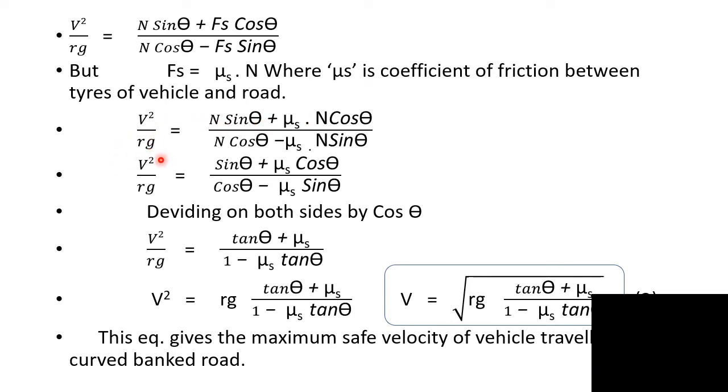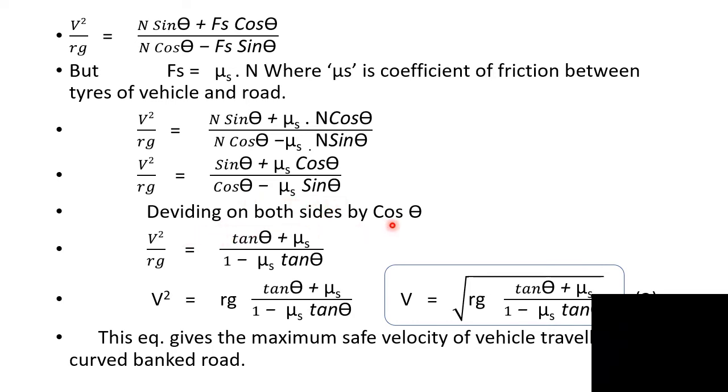So v square upon rg equal to N sin theta plus mu s into N cos theta divided by N cos theta minus mu s into N sin theta. So here N gets cancelled and we get v square upon rg equal to sin theta plus mu s cos theta divided by cos theta minus mu s sin theta.